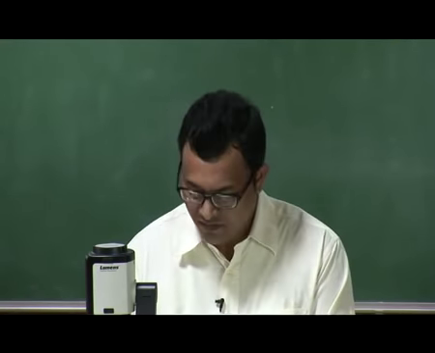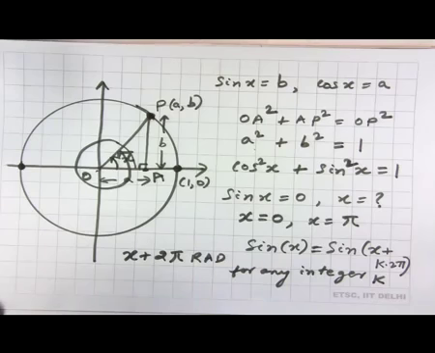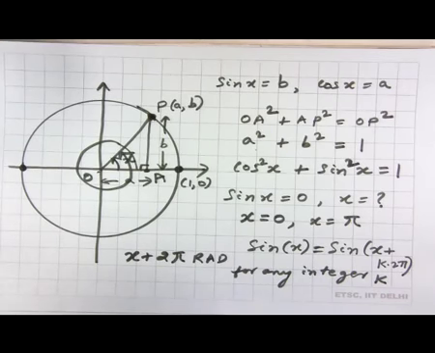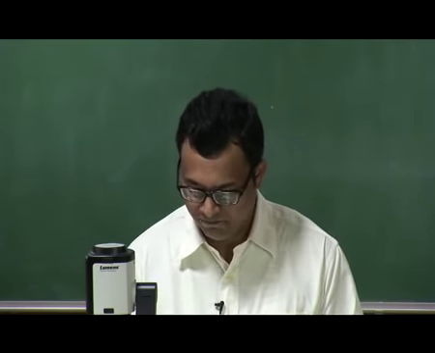Cosine of x is equal to cosine of x plus 2 pi, and that is also equal to cosine of x plus 4 pi, and therefore, cosine of x is also equal to cosine of x plus k times 2 pi for any integer k.